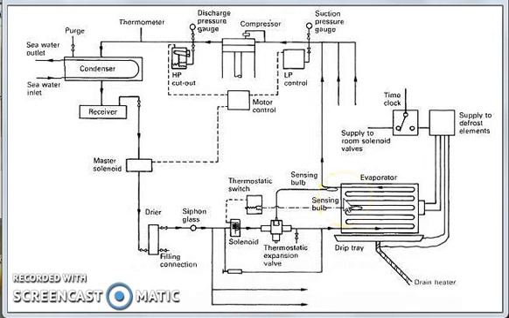Now we should know that for the effective and efficient working of the system, the refrigerant that comes in should always come in the form of a gas, or else the compressor's valves will get damaged, and the compressor itself can get damaged.